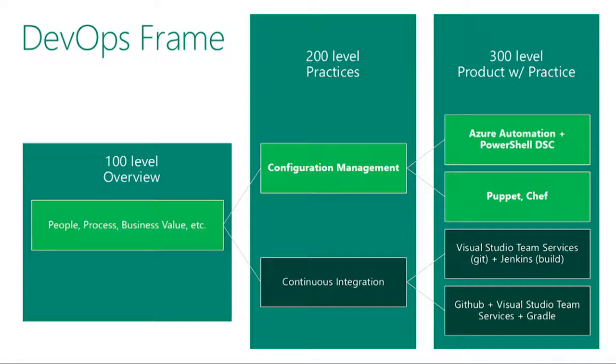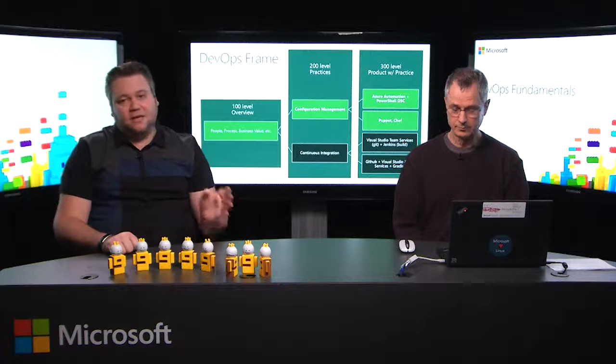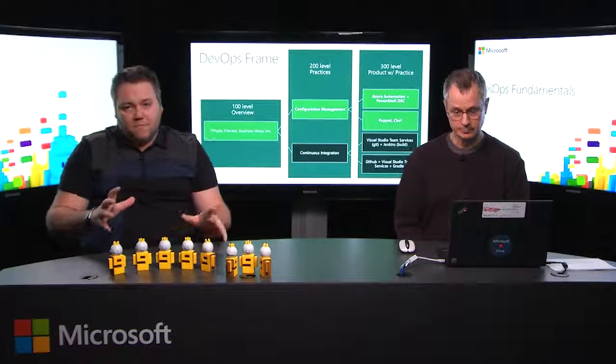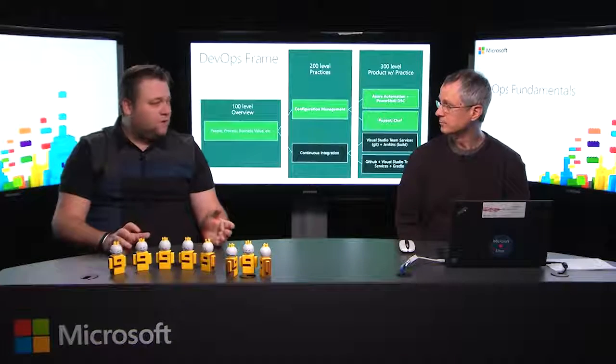And then, of course, on the practice itself, this is the configuration management practice. And then finally, from there, you can map to different products from Microsoft or from others. And today, the ones that we're going to cover are PowerShell, DSC, Azure Automation, Chef, and Puppet.